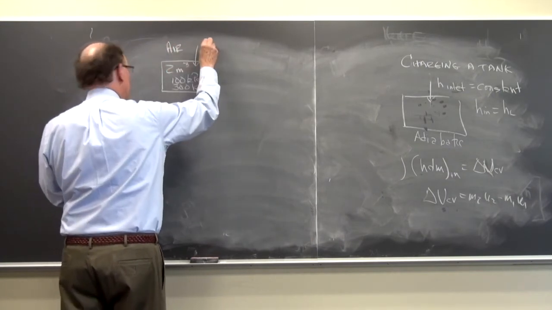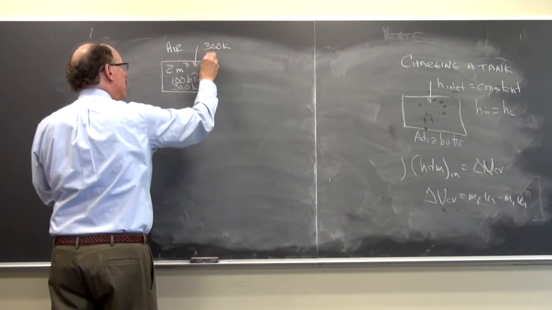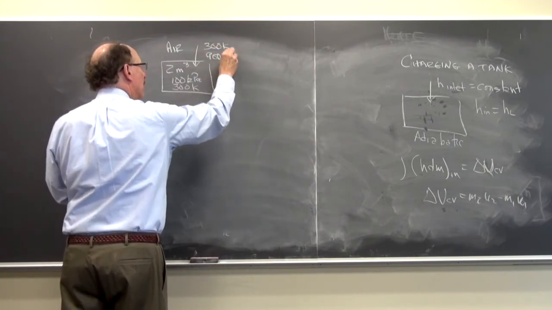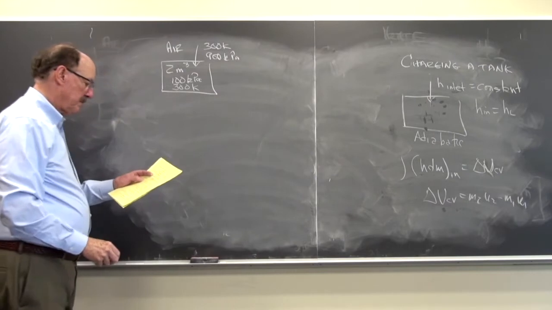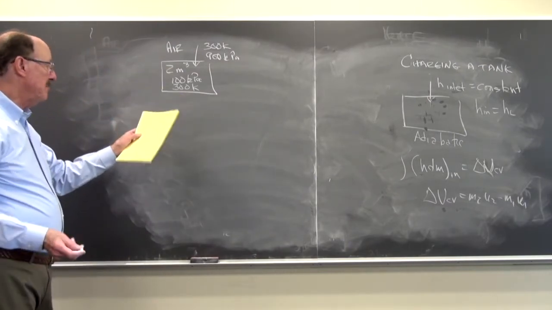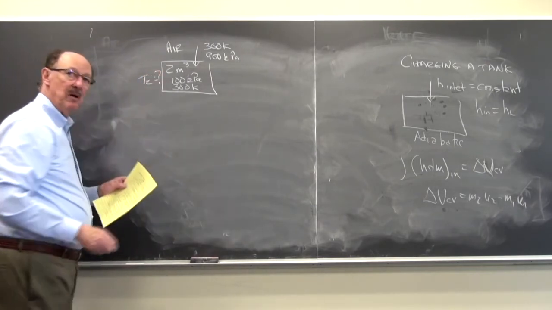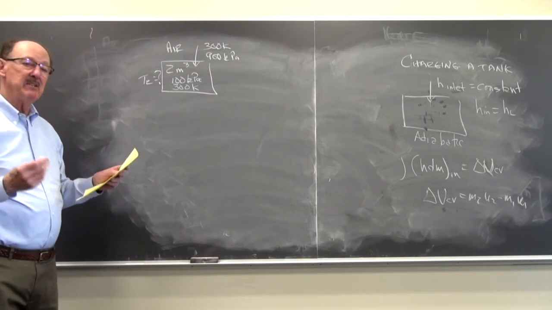We're going to charge it with air at 300 K and 900 kPa. So we're interested, and I want to find out what the final temperature is. What is T2?